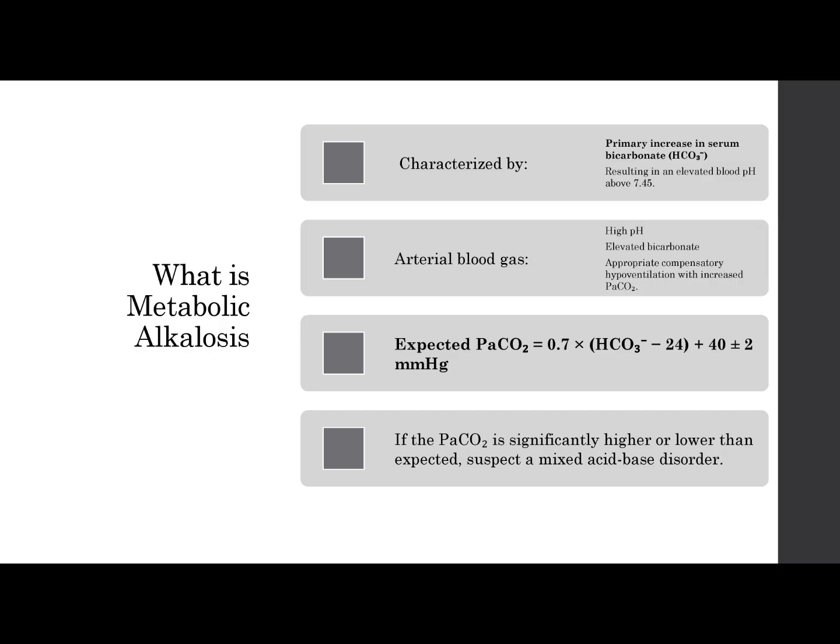Remember, the lungs can only compensate partially. The expected compensation is: expected CO2 equals 0.7 times (HCO3 minus 24) plus 40, plus or minus 2 millimeters of mercury. If the CO2 is significantly higher or lower than expected, suspect a mixed acid-base disorder.